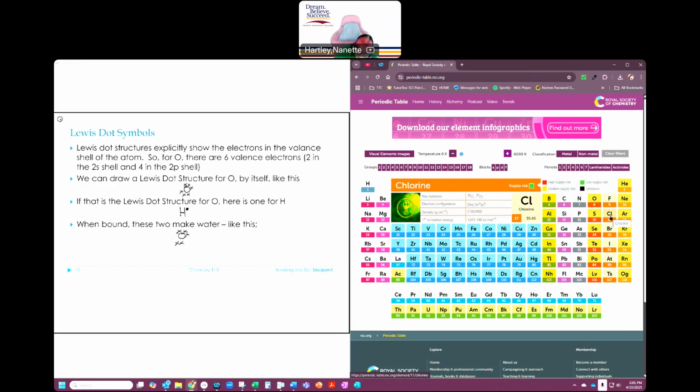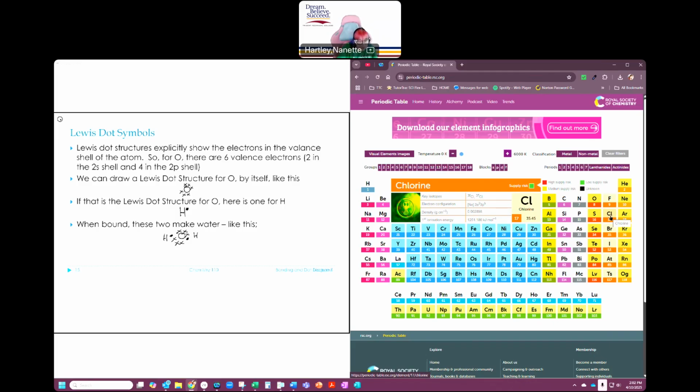We'll have 1 hydrogen here, with its dot right there, and we'll have the other hydrogen over here with its dot right there. Now what we see is that hydrogen with its 1 dot is next to the oxygen with its 1 X, and my oxygen with its 1 X is right next to the other hydrogen with its 1 dot.